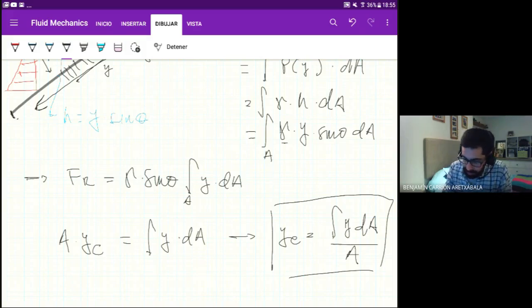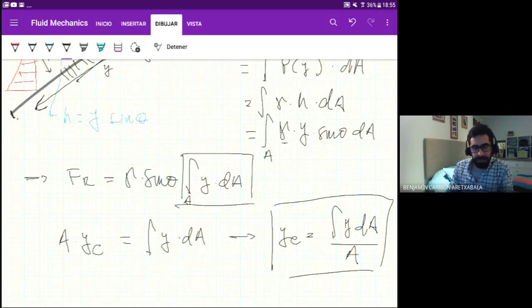Now we can use this because this integral might be tricky to compute, because the delta area, the surface you're computing, might change. We normally draw it like a potato, right? It could be any shape. But this integral is nothing more than the area times the centroid position.